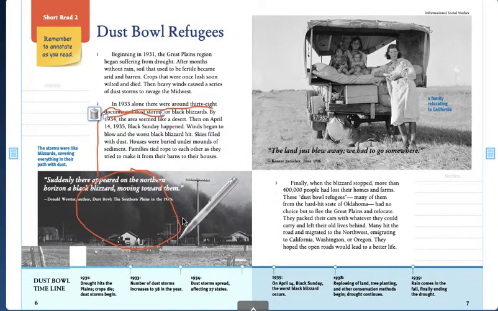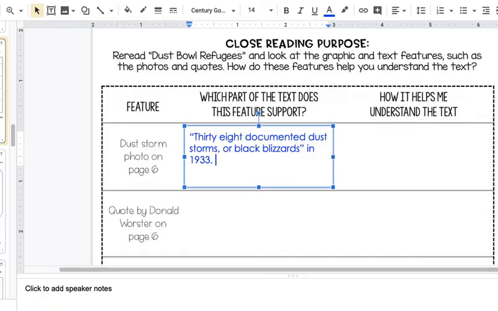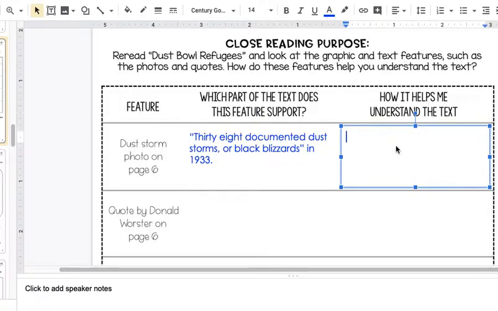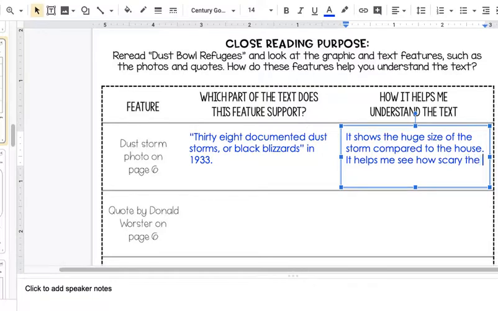Because think about a snow blizzard when it's snowing so hard that you can't see anything and it might feel kind of scary. This was the same thing but with dust. So the photograph really helps me see how scary that must have been. So it helps me understand the text because it shows the huge size of the storm compared to the house. It helps me see how scary the storm must have been.